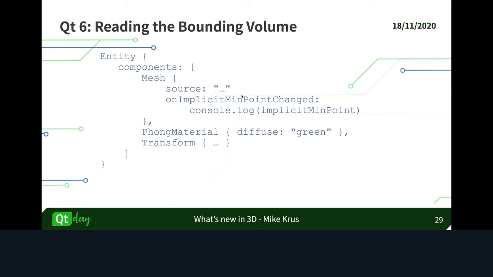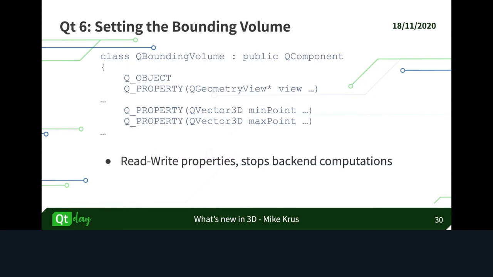So that's an easy way of accessing the bounding volume of a geometry, but you can use the same class to actually set the bounding volume if you know it. There's two other properties which are read-write properties, and if you set them both, the min point and the max point, this will basically stop Qt3D's backend from calculating the bounding volume.